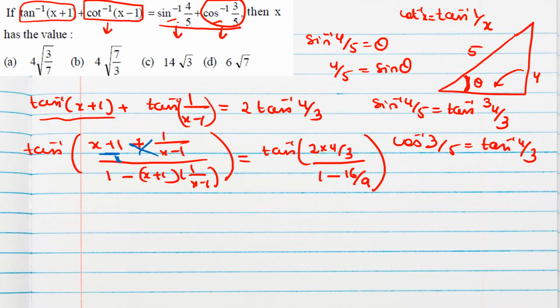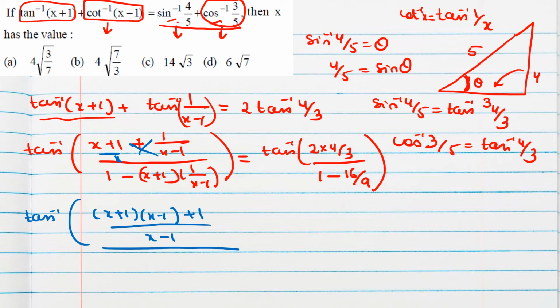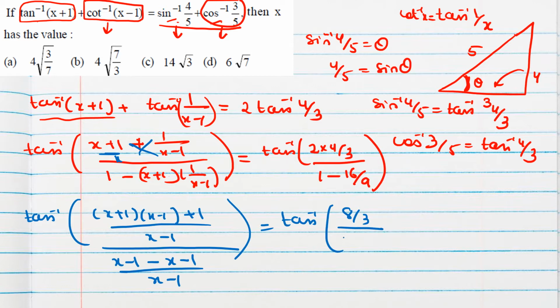Cross multiplication: tan inverse of (x plus 1, x minus 1, plus 1) whole divided by (x minus 1). Then here (x minus 1) minus (x minus 1)... Here it will be 8 by 3. 9 minus 16 means minus 7 by 16.